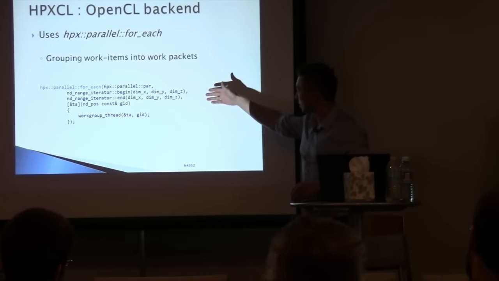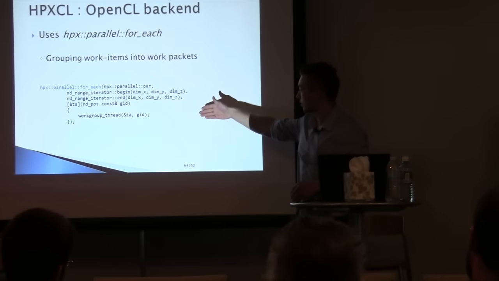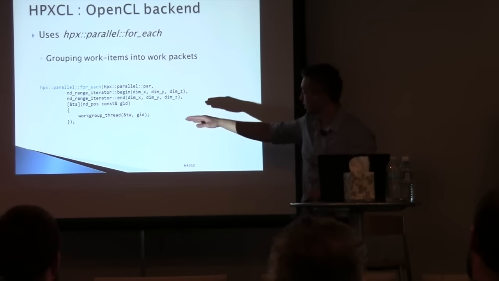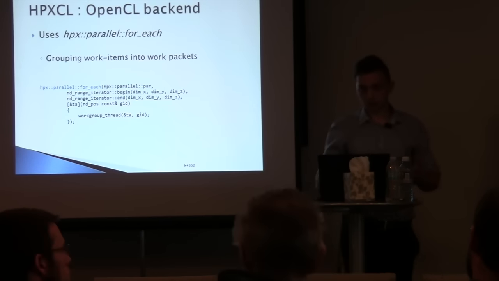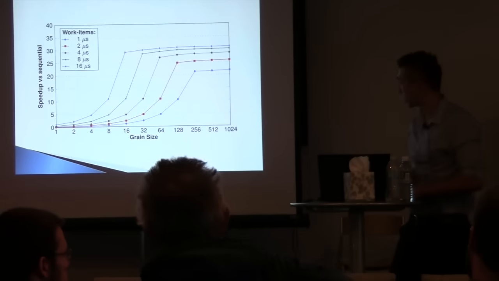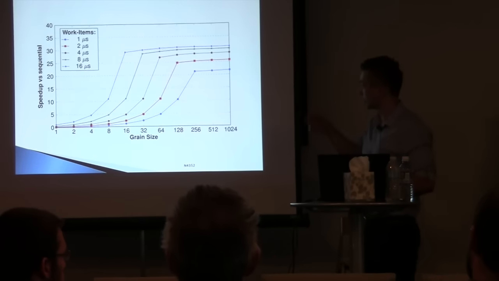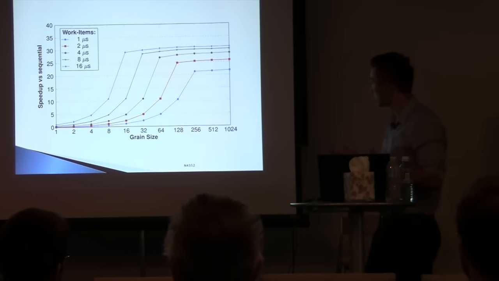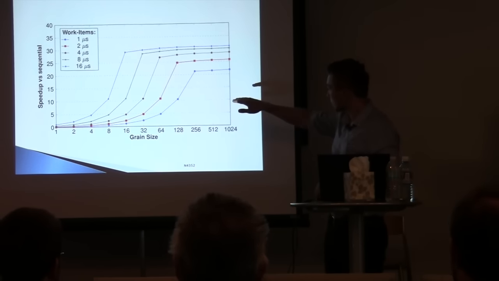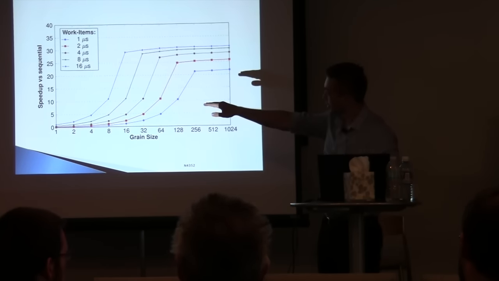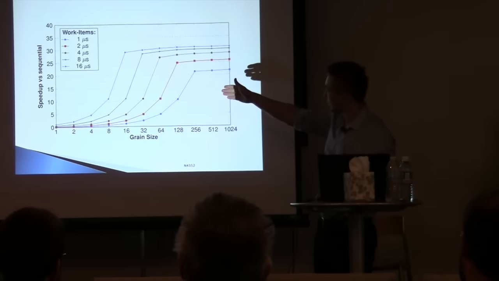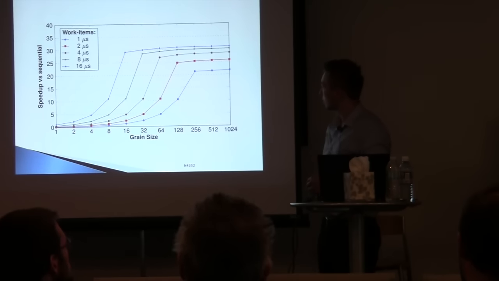And here was a simple version of how we use parallel for each. We would take a range and group the threads together. And he saw some awesome results in using simply parallel for each, where in terms of microseconds, you're seeing really good speedup on the left side when you have 16 microseconds in your work items.